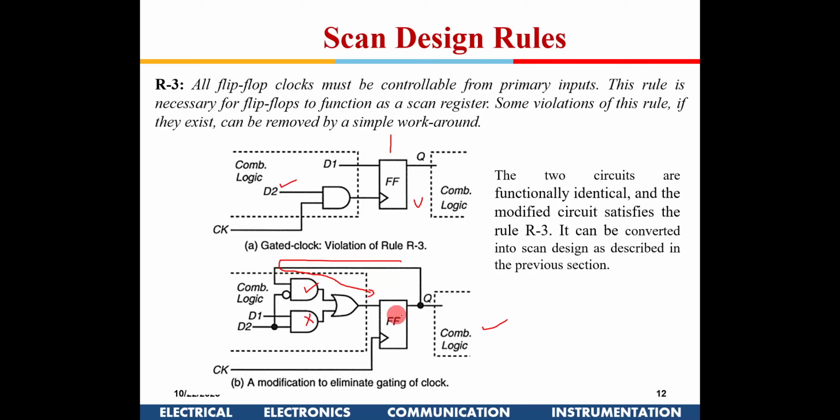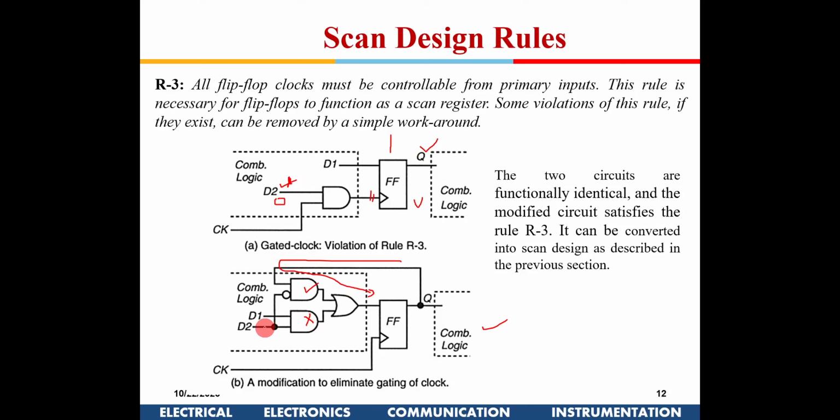So it will continue to hold Q. That's what the requirement was here also. When D2 is equal to 0, no clock is coming here, and no clock coming here means the Q will continue to be retained. Here also we are doing that. Here the clock itself was gated. Here we are making the clock available, but it is again rewriting Q into the system, so there won't be any change in the value. And here when D2 is equal to 1, the new value of D will be captured.